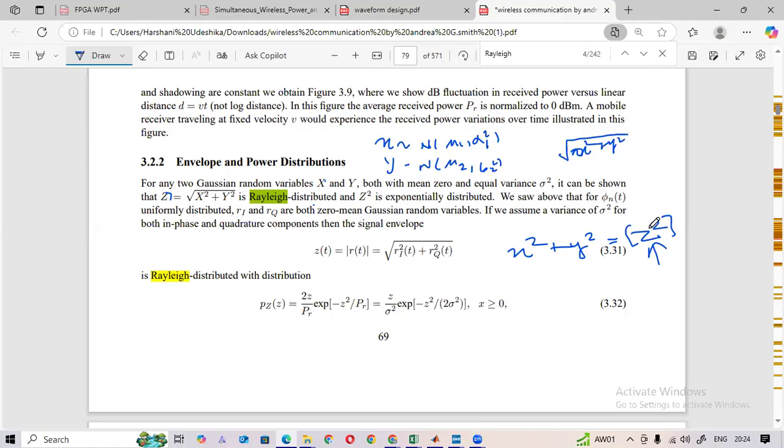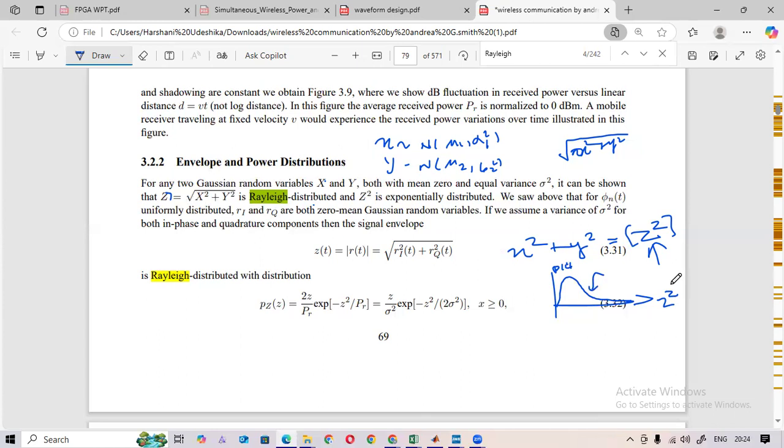If you plot this Z, you will be having a Rayleigh distribution like this, okay. This is the Z square actually in this case, and this is the probability of Z square, okay. So you will be having this kind of graph.